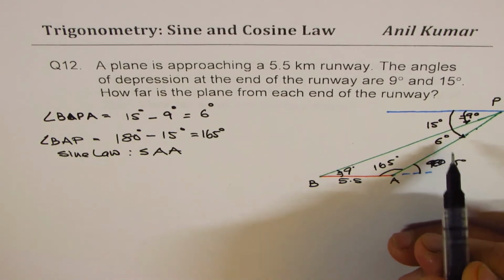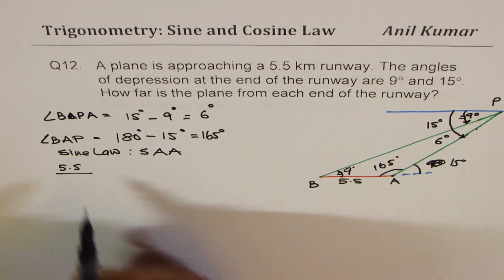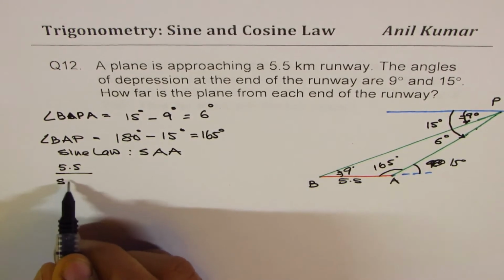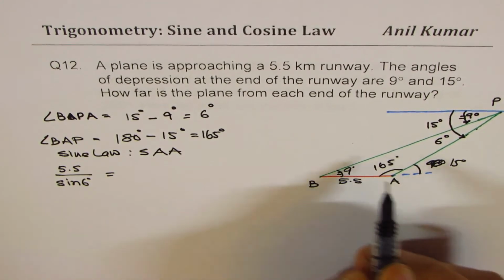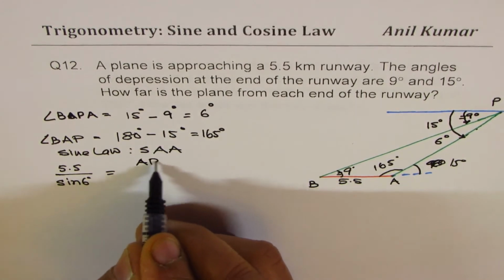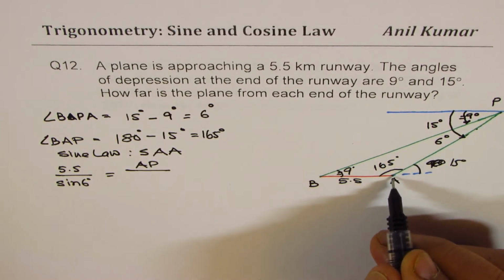Now we know this ratio, which is 5.5 over sine of 6 degrees. That is equal to the ratio of AP over the angle opposite to AP.